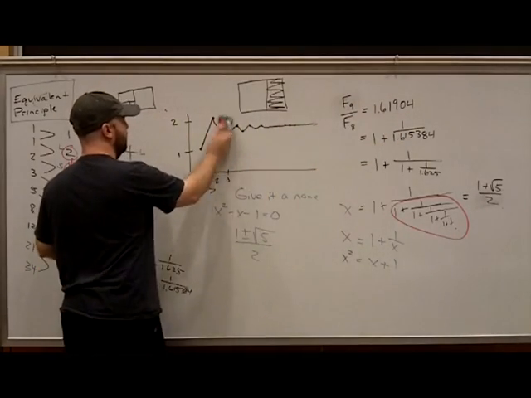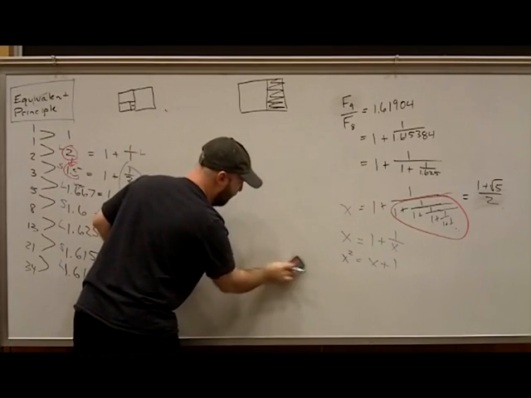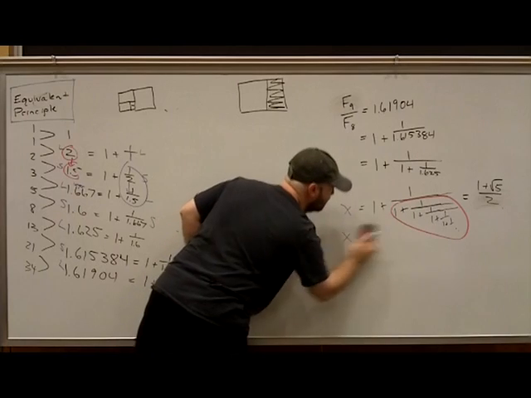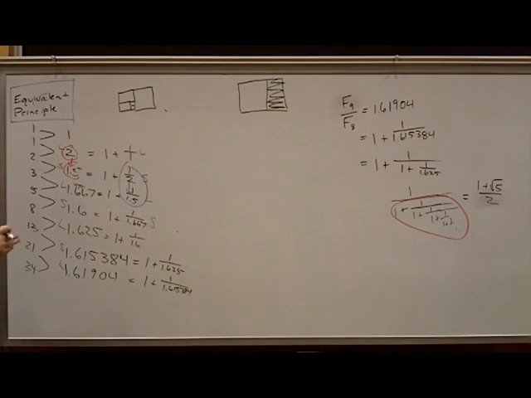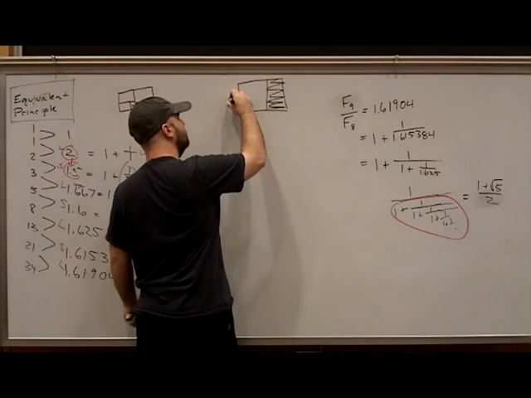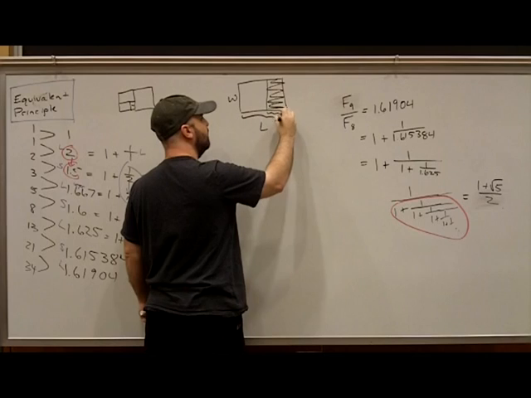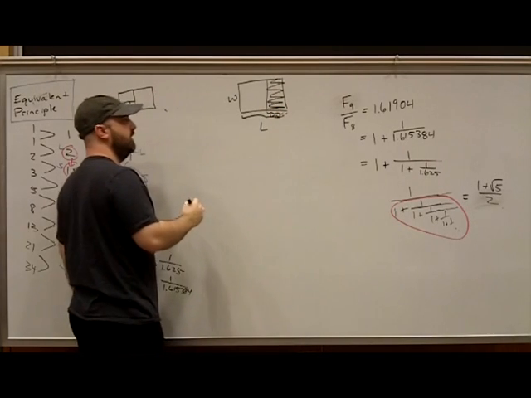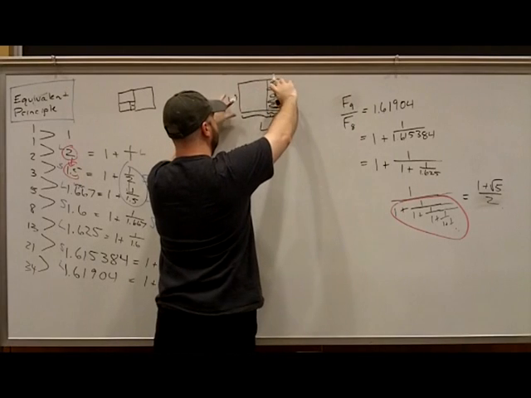So let's take a look. I'm going to get rid of this graph right here. You guys know this graph by now. So let's take a look. Width, length minus width. Well, let's see. We turn this sideways to get the smaller one up here.